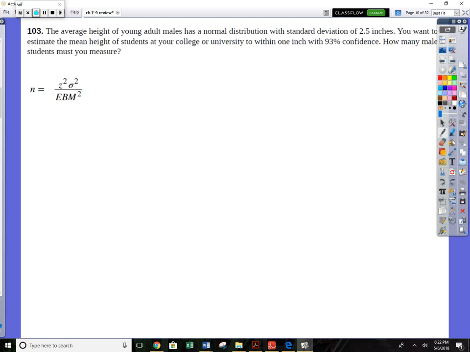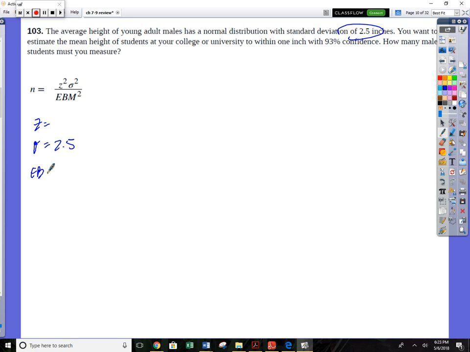We need n: how many kids are we going to sample? We need a z-score, which we do not have. We need sigma, which we do have. The standard deviation is 2.5, so sigma is 2.5, and we need a margin of error.